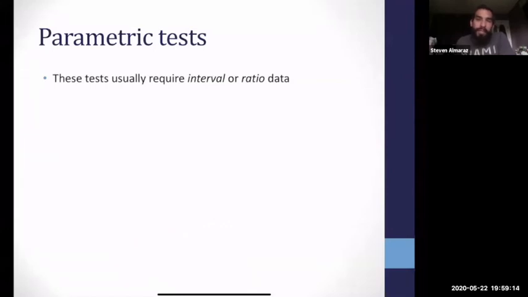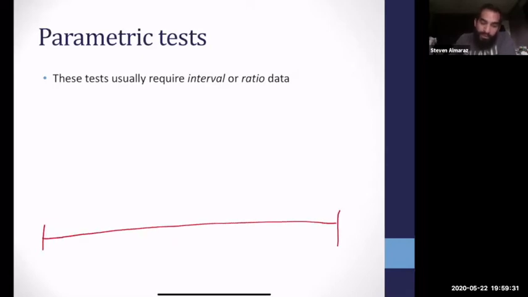Now, what is the case with these types of tests is they require certain types of data, all right? Either interval or ratio data. Now, what I want you to remember about interval and ratio data is these are both types of data that you can put on a number line, all right?